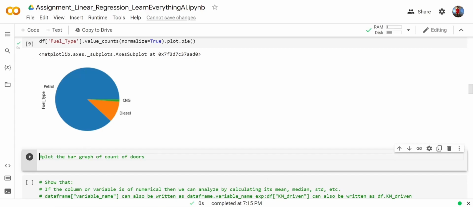Now, let us see the exact number of counts for the doors, so the number of cars that have each number of doors.